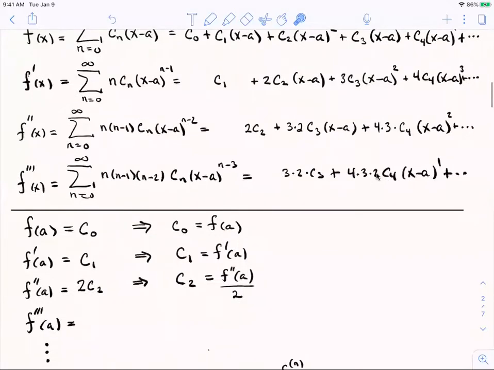I left myself one. If we plug in x equals a into the third derivative, all that's left is 3 times 2 times c3. So if we write that, 3 times 2 times c3, we can solve that for c3. It's the third derivative at the center over 3 times 2.